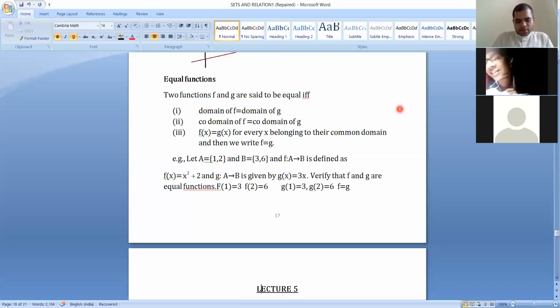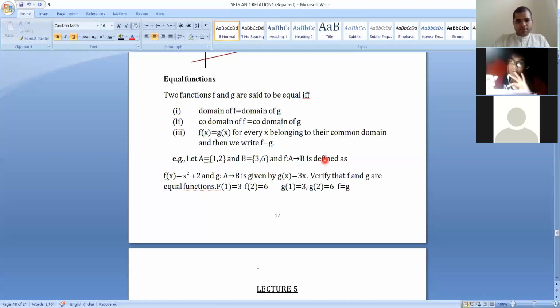And what will be mod of minus 3 square? 9. So for every x, x square is equal to mod x square. And the domain and codomain of f and g are the same, integer. But x and mod x are not equal.